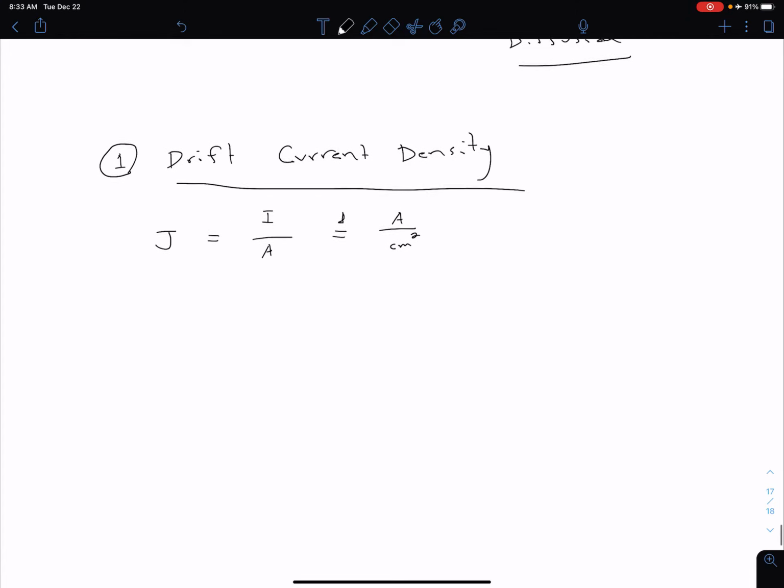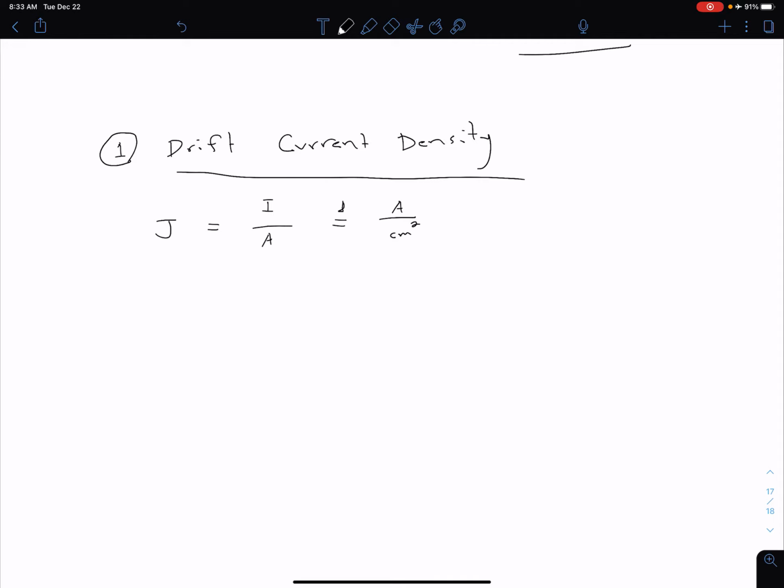Okay, so what we have for this drift current density is movement of charge carriers due to an applied electric field, which I'm just going to write as E with an arrow over it.